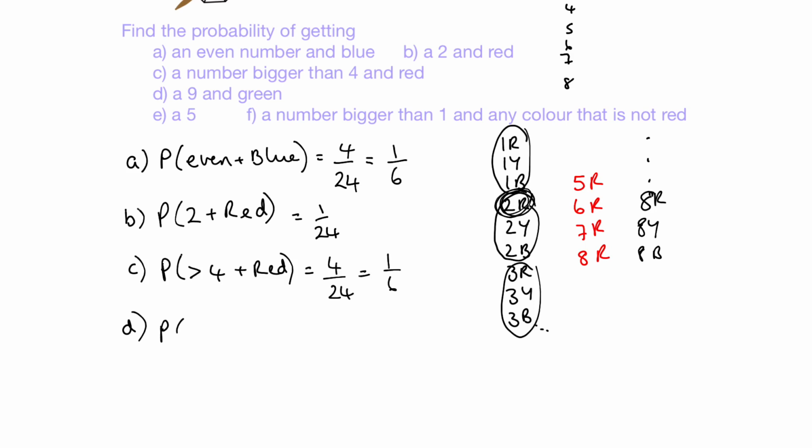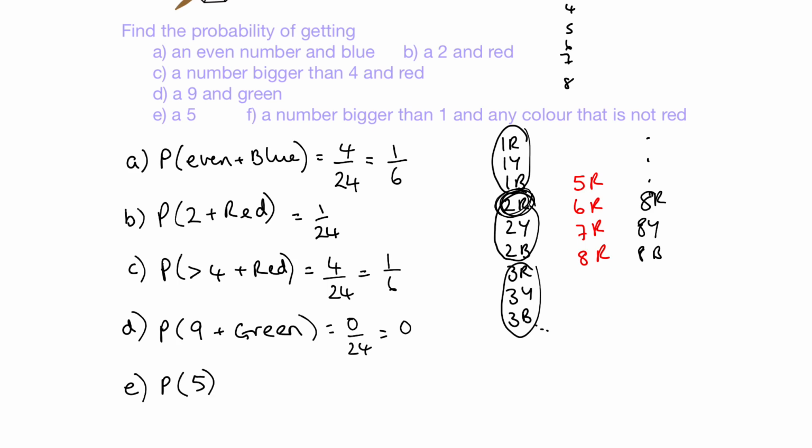So it doesn't matter really about the colour if it's probability of 9 and any colour or probability of green and any number. It's still going to be 0, isn't it? Because there's no chance of picking either a 9 or a green because they're not there. Okay. E, probability of getting a 5.